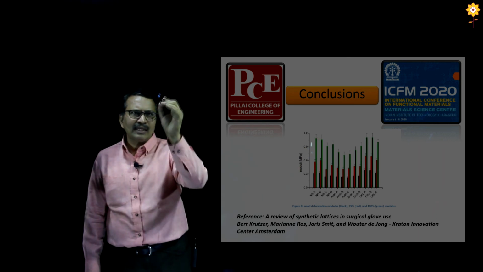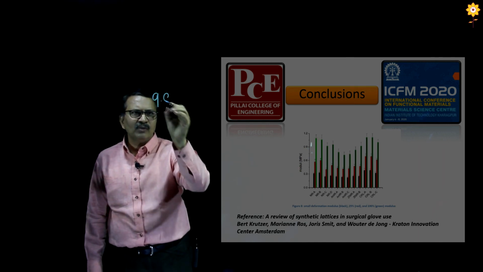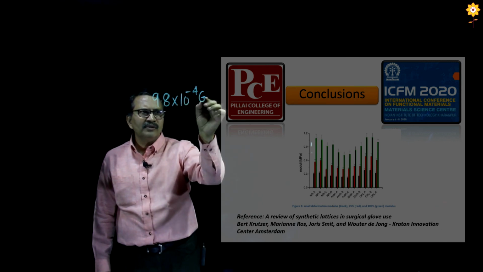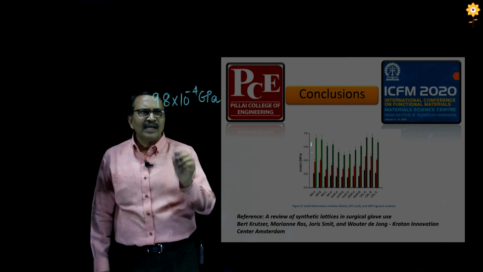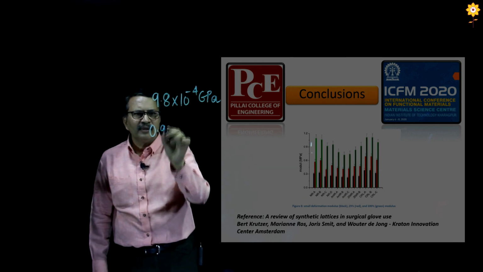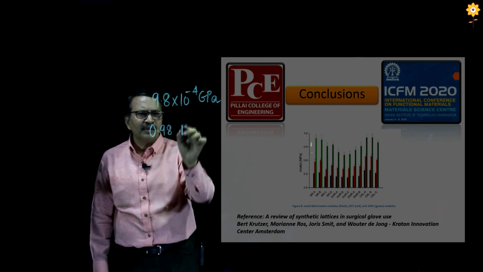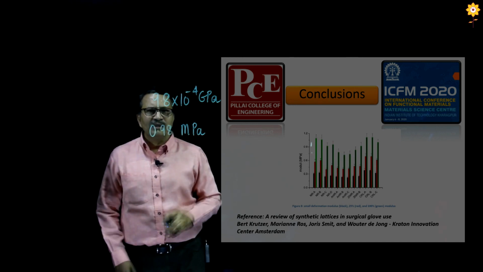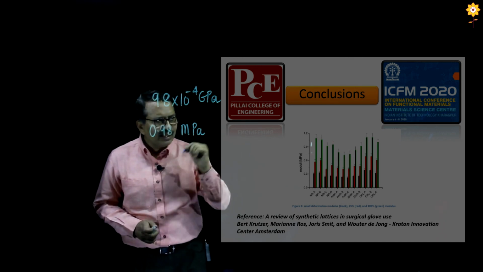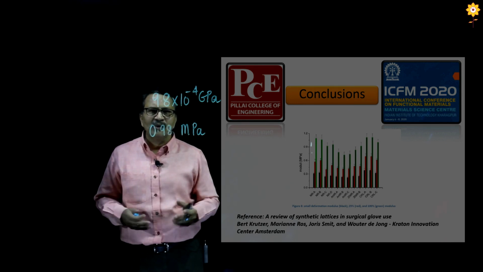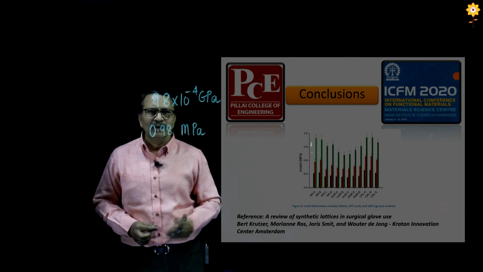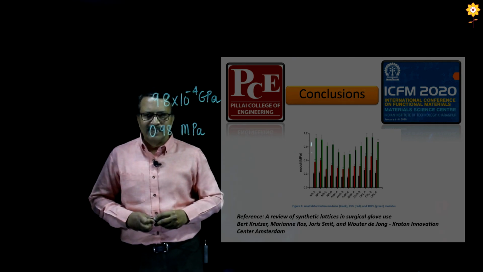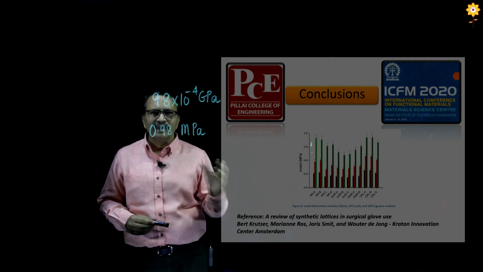Let me take one value, 9.8 into 10 raised to minus 4 GPa, which turns out to be around 0.98 megapascal. The order of magnitude matches very well with what was found by studies on similar glove material. So here also our values are matching with the literature values.